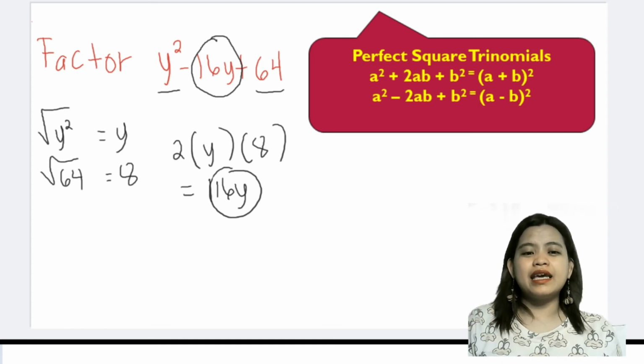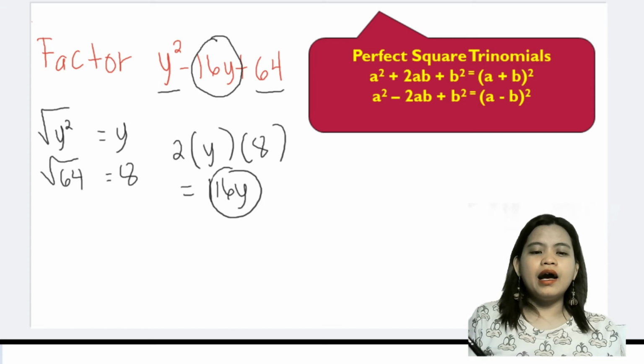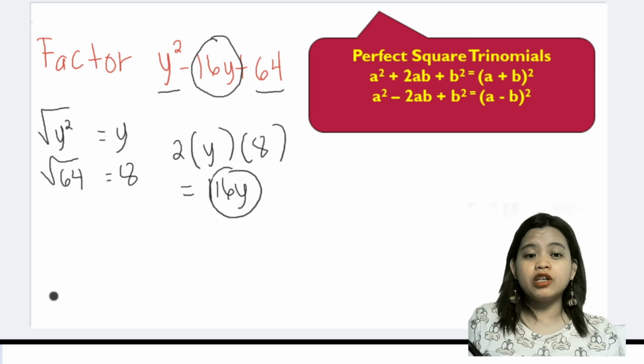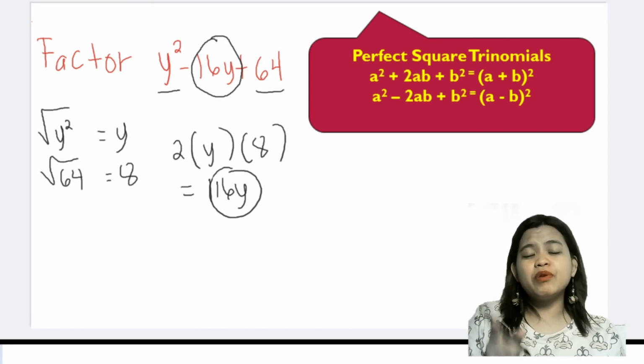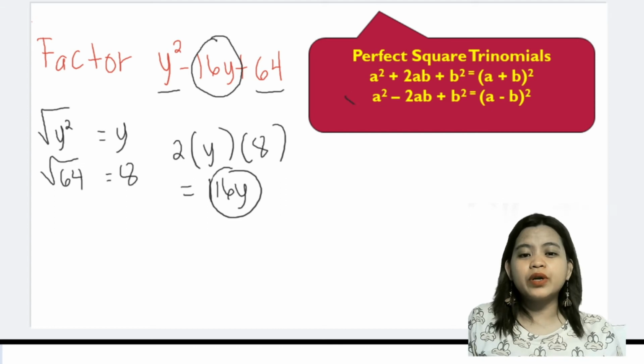Now, we can say that the given trinomial is a perfect square trinomial. How can we get the factor of the given trinomial? We get the root of the first and the last term to make our binomial factor. But before we are going to do that, let's use our second working formula.